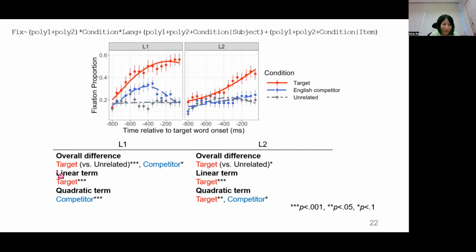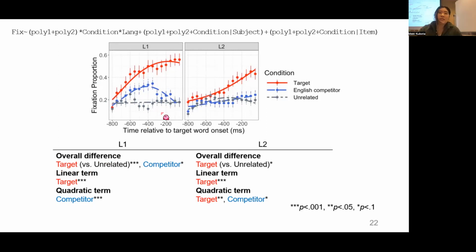And the second one, the linear term, is the interaction between the linear term and the target versus undiluted or English competitor versus undiluted condition. And the quadratic term is looking at the interaction between the quadratic term and each of these effects. Okay, got it. Thank you.